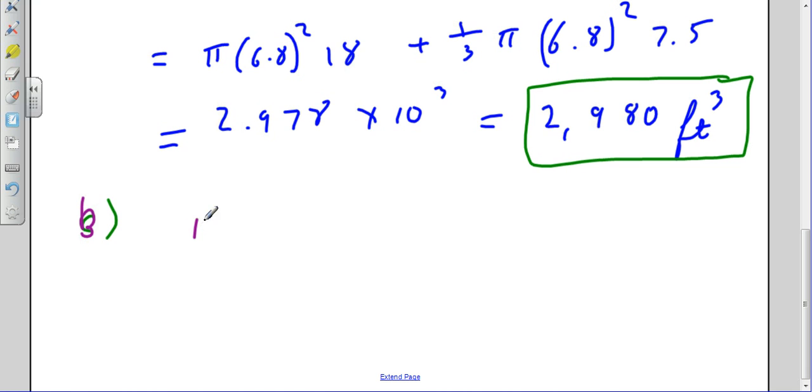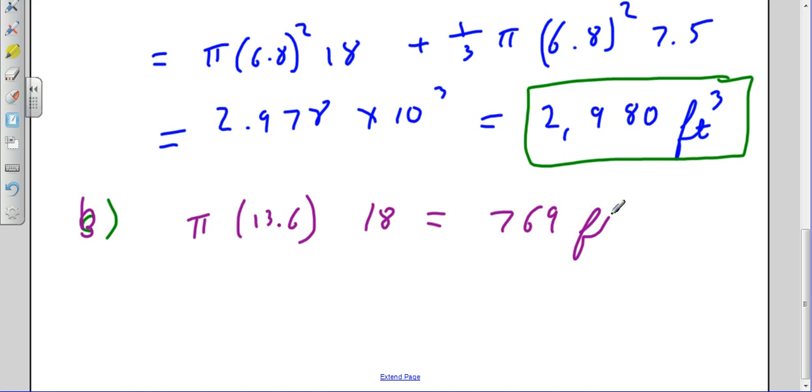So my area is pi d, pi 13.6. That's my circumference of the circle times 18, and that should be my lateral surface area. Pi times 13.6 times 18.